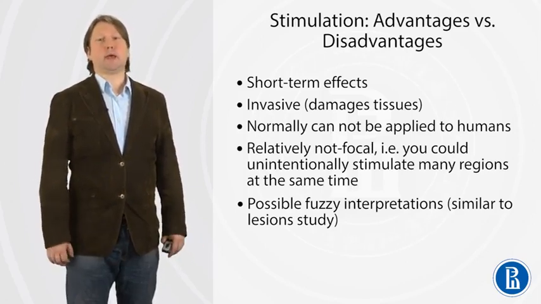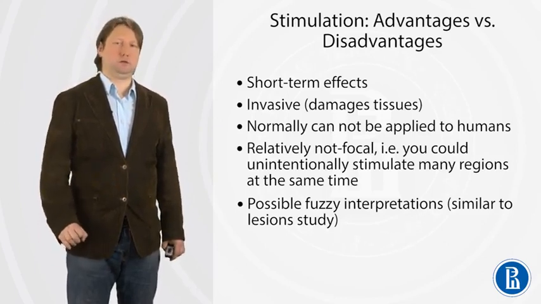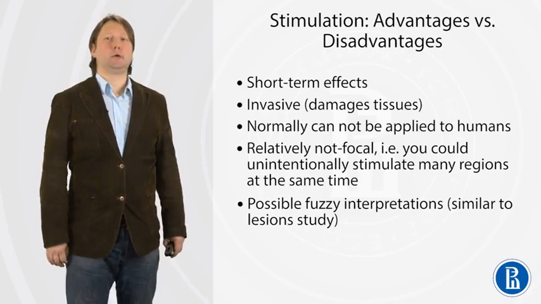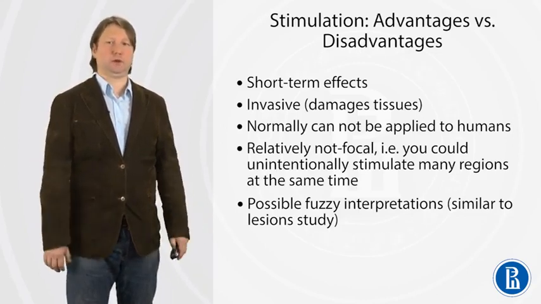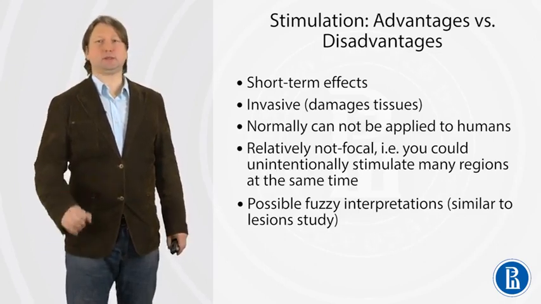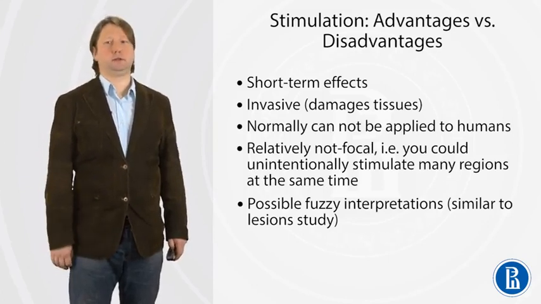This is a good method to study rapid changes in decision-making induced by the electrical stimulation. Unfortunately, the stimulation is not very focal, because when you electrically stimulate brain tissue, you normally stimulate a large portion of the brain. But I think these stimulation studies also bring us very interesting, very impressive results.